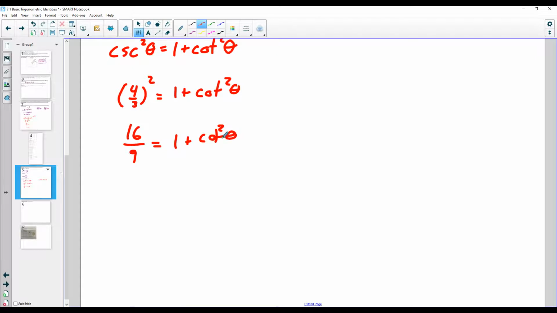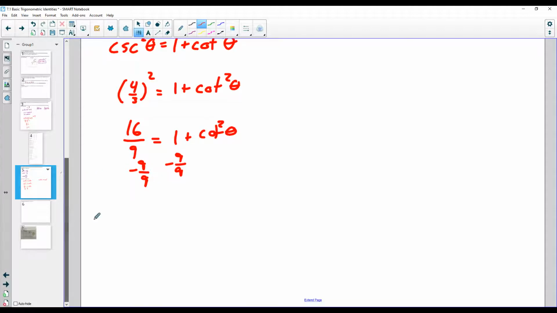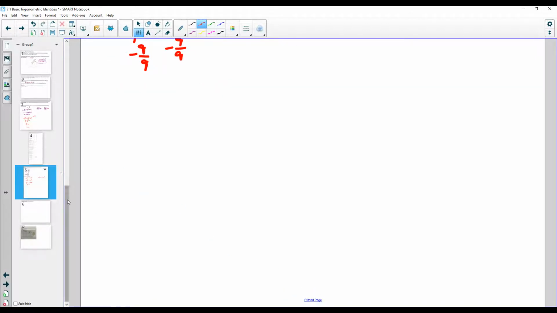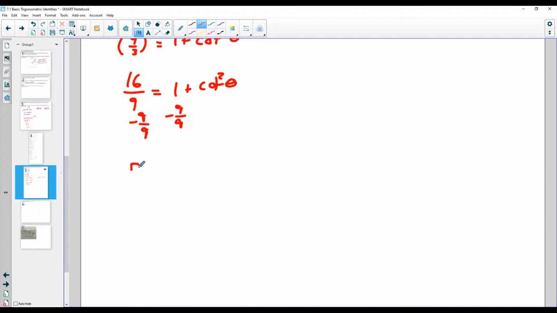cotangent squared of theta. If we subtract 1 over, subtracting 1 is really going to be like subtracting 9 over 9, right? 9 divided by 9 is 1. So 16 minus 9 is 7, and then we're still over 9 equals cotangent squared theta.